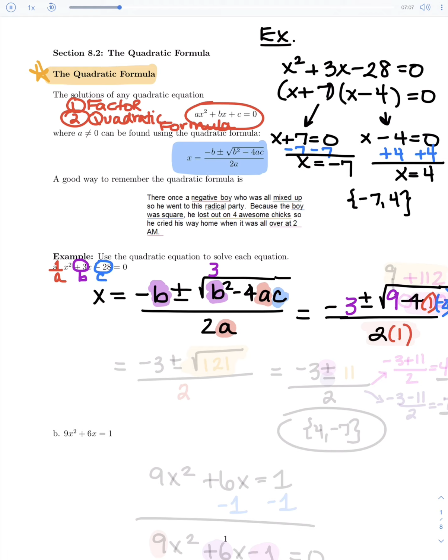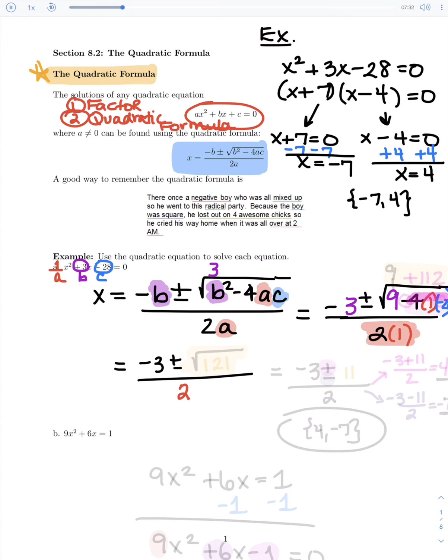So let's continue along. That negative 3 out in front is going to stay there for a little bit. We can go ahead and simplify the bottom because it's pretty straightforward. It's just a 2 times 1, which is just 2. What about our square root, though? You still have to follow the order of operations and do the multiplication first.